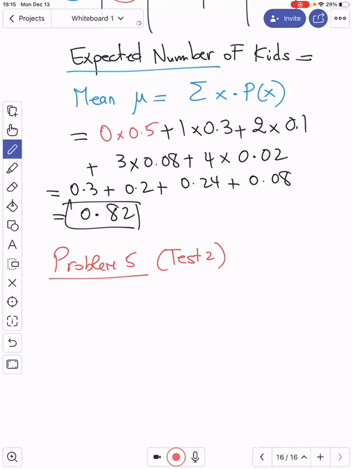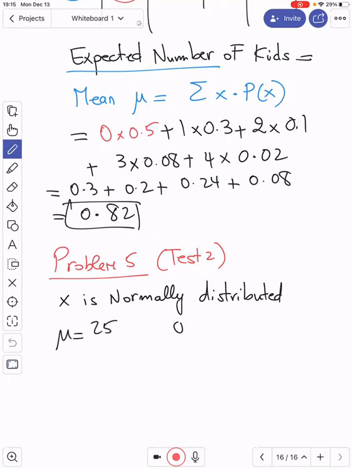So we have our x. X is normally distributed. The mean is 25. The standard deviation is 2.